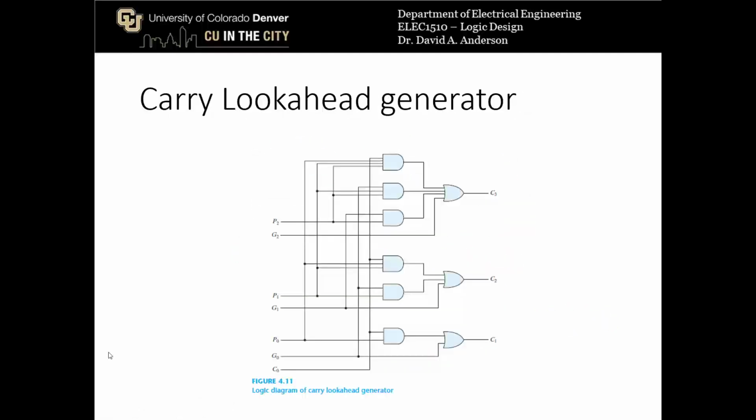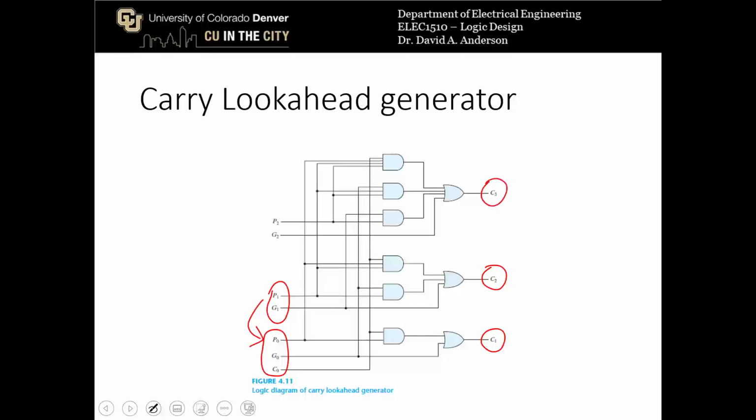In this slide, we see the carry lookahead generator circuitry that I had derived the equations for in the previous slide. So where C1 here is formed as a combination of P0, G0, and C0, C2 is formed as a combination of P1, G1, and these previous variables.